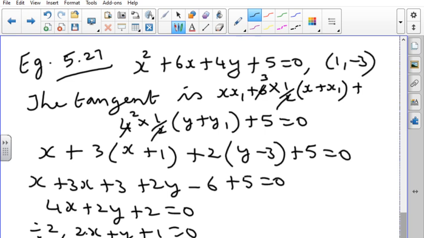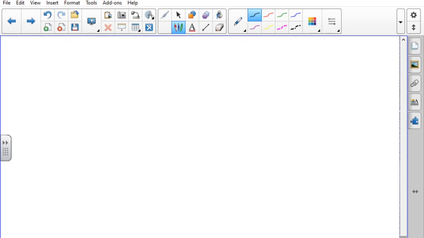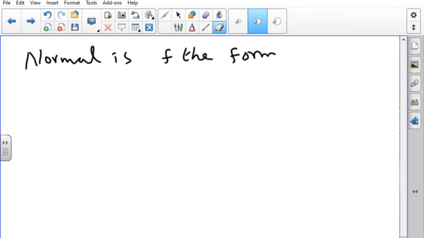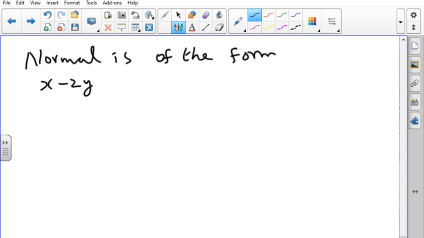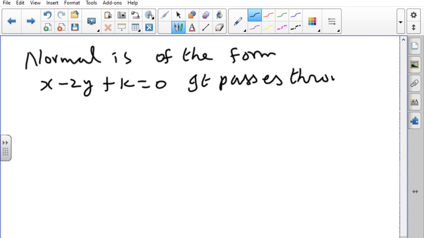Now similarly as we did in the 6th question, what about the equation of the normal? So the normal is of the form x minus 2y plus k is equal to 0 and it passes through 1 comma minus 3.